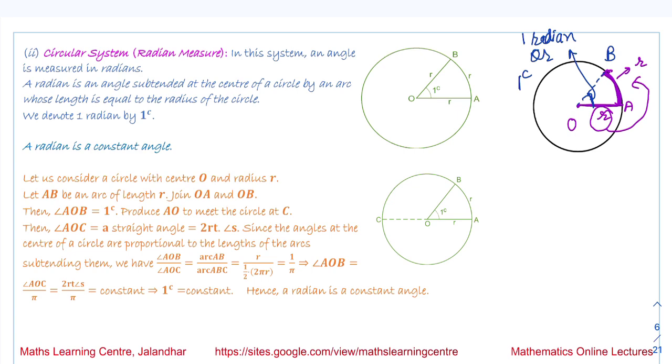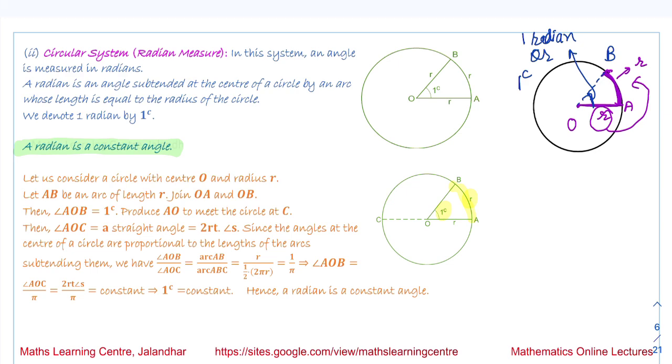Now the next result is that we have to prove that a radian is a constant angle. So let us consider a circle with center O and radius R. This is shown over here, and we say AB is an arc of length R. We have joined the points OA and OB, and this angle is equal to 1 radian.